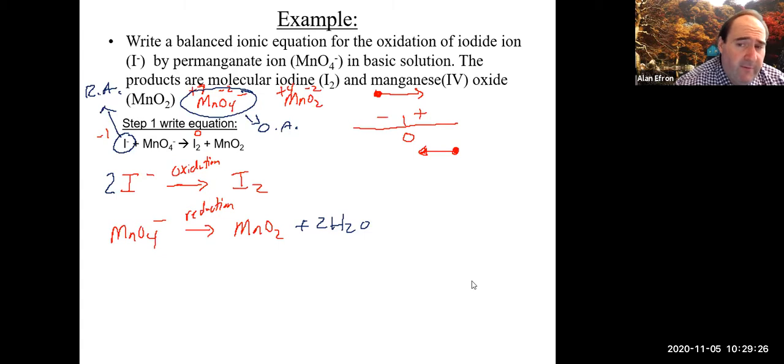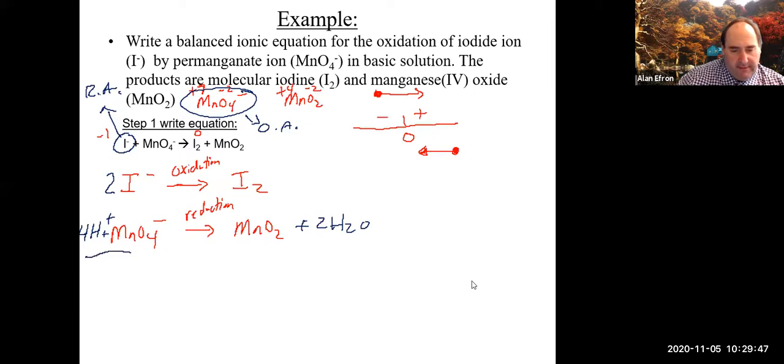Again, remember that for every water we add, we do need to add 2 H pluses to the other side. And that means in this case, since we added 2 waters, that is 4 H pluses that we need to add to the left-hand side. Any questions on that so far?